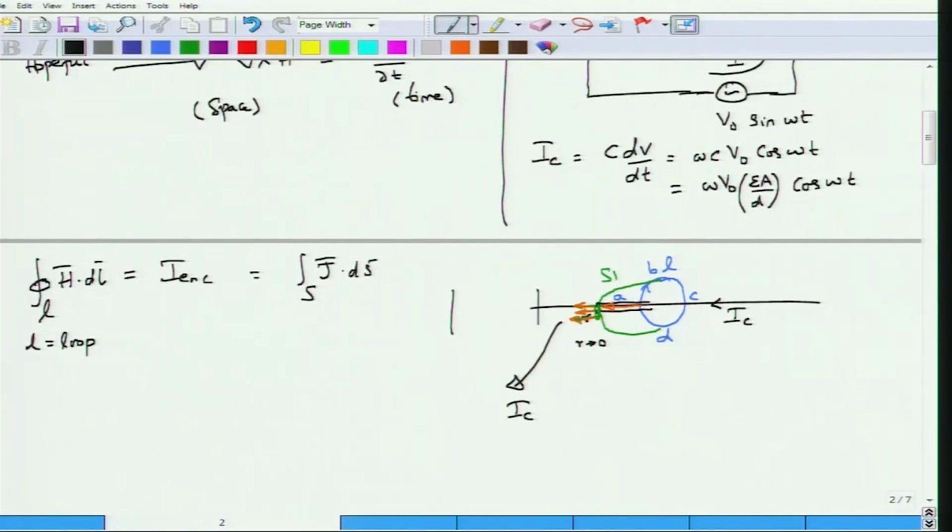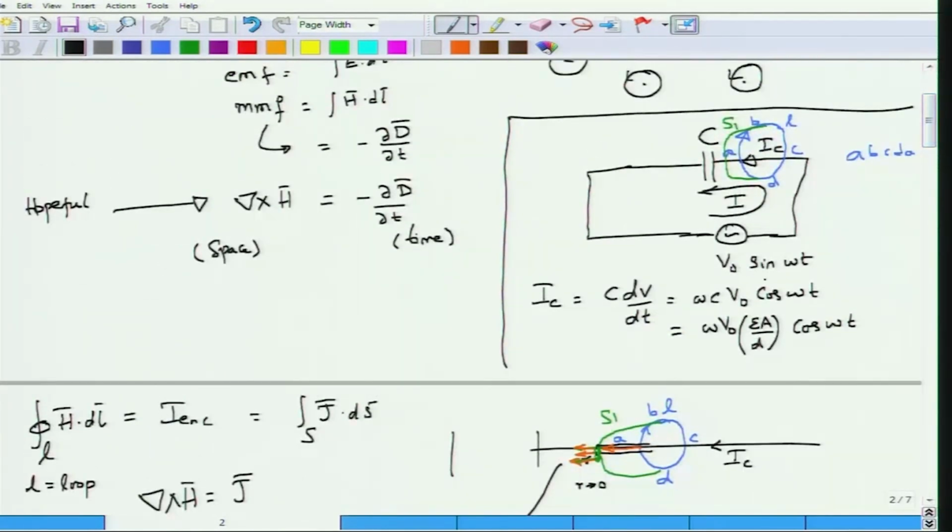So the point form of Ampere's law seems to be fine even when there is time variation of the current. What happens if the current is not varying with time, or more precisely, if the EMF source I have connected is a DC voltage? Then the capacitor would act as an open circuit. It would charge to whatever voltage you have connected, and since there are no resistances in the conductor, the charging process is infinitely fast.